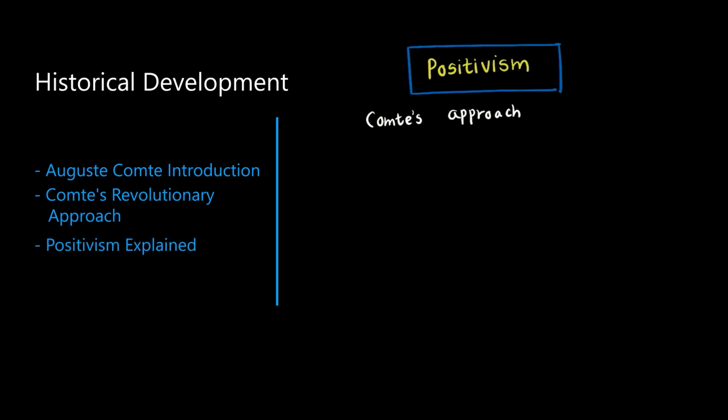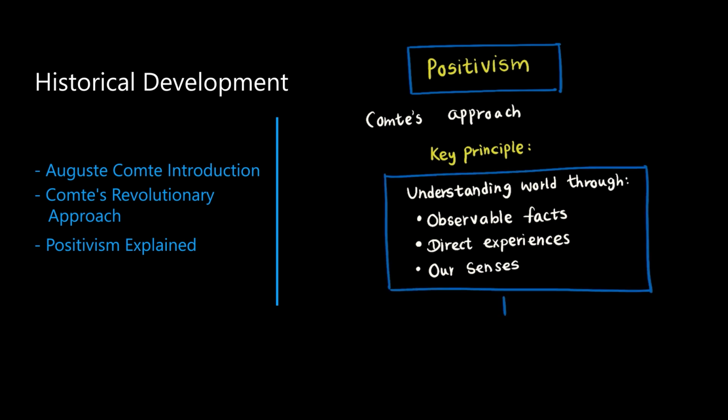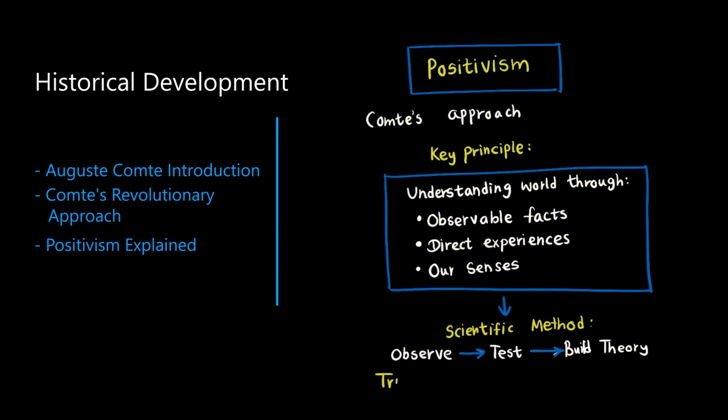Positivism asserts that we must understand the world around us by using observable facts derived from direct experiences with our senses. Instead of just theorizing about how society should work, Comte wanted to observe how it actually does work and then test theories systematically.